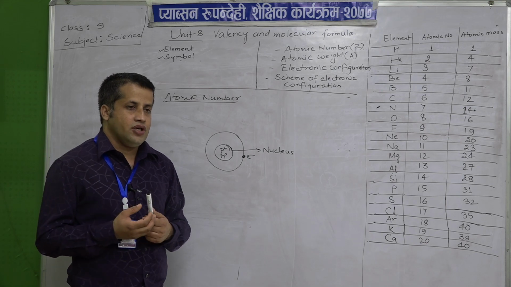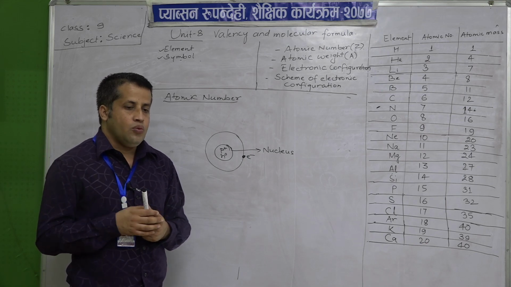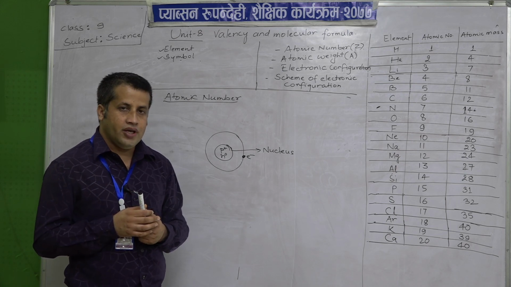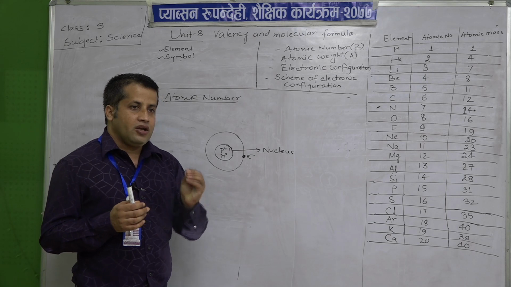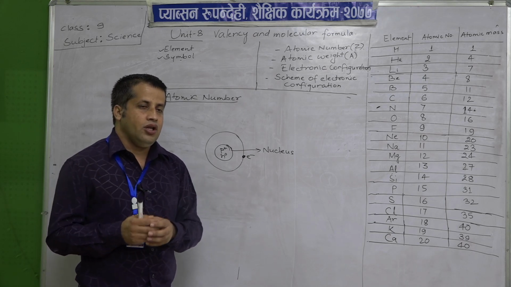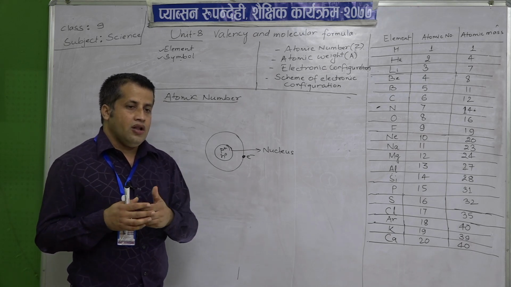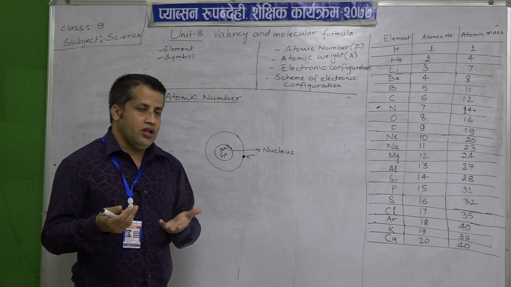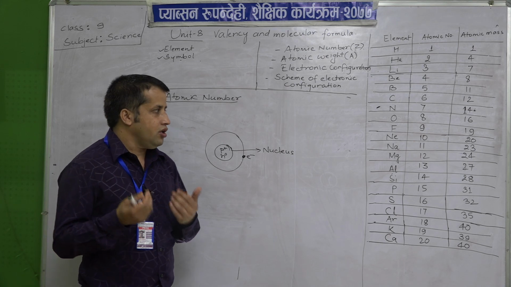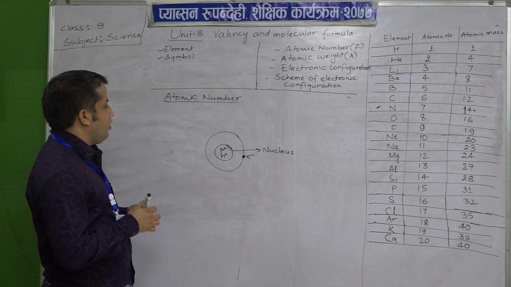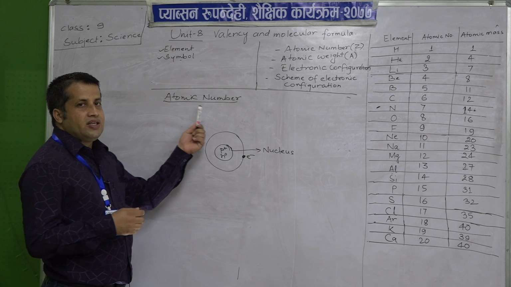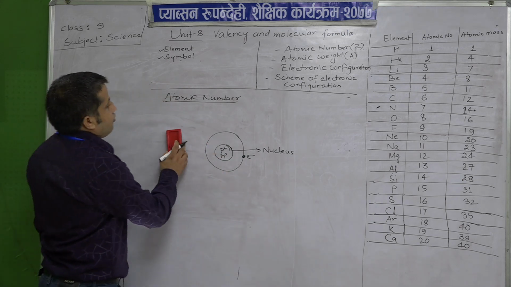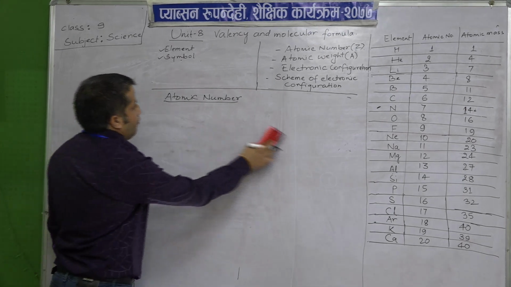So, first of all we should remember the atomic numbers of different elements. By knowing the atomic number we can know other characteristics of the element when it undergoes chemical reactions. First of all we will define atomic number.